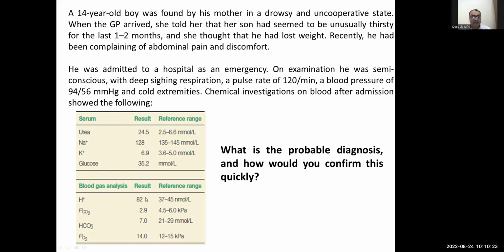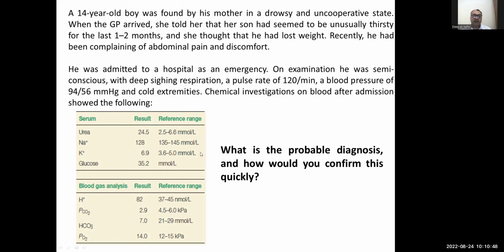The blood gas analysis shows hydrogen ion 82 nanomole per liter, partial pressure of carbon dioxide 2.5 kilopascal, bicarbonate 7, and partial pressure of oxygen around 14. What is the diagnosis, and how would you confirm this quickly?